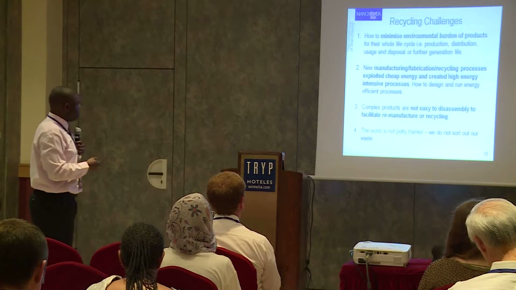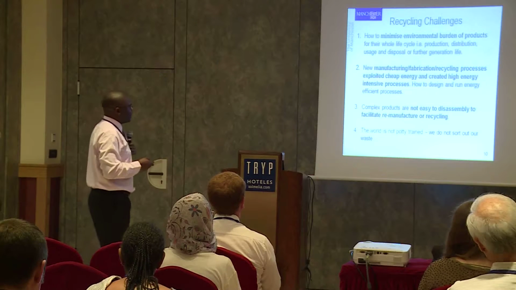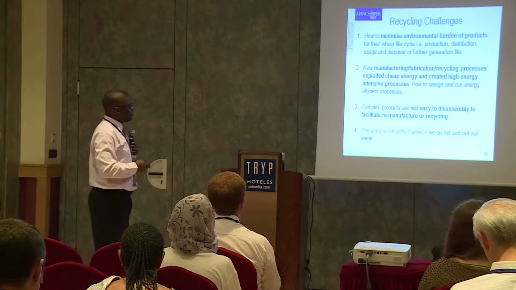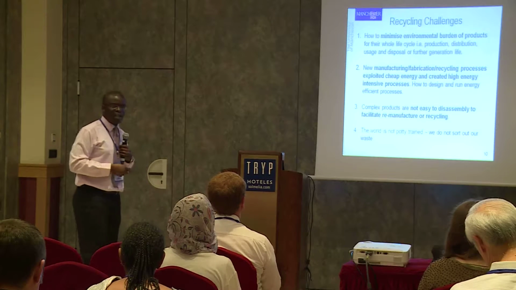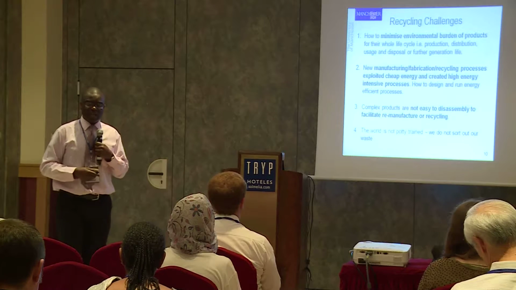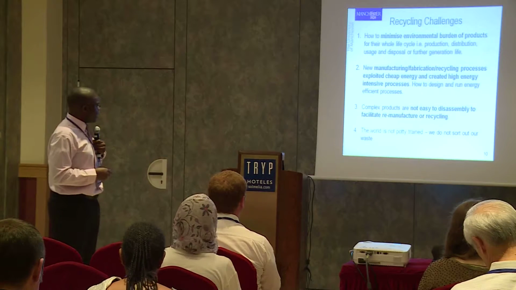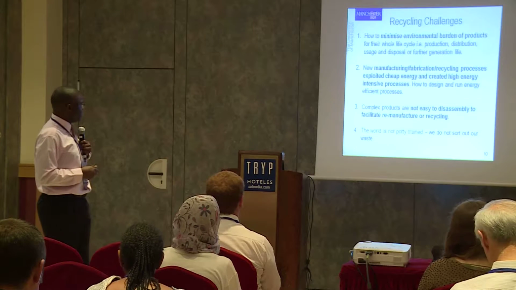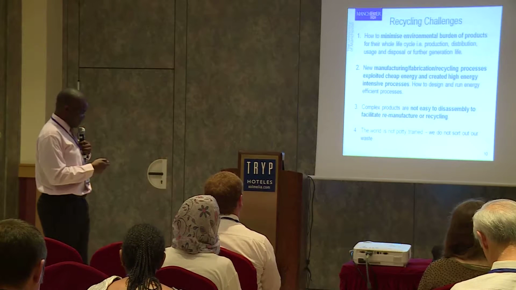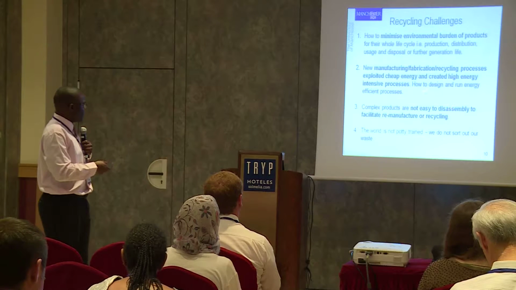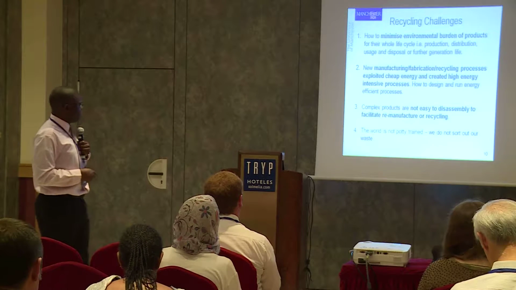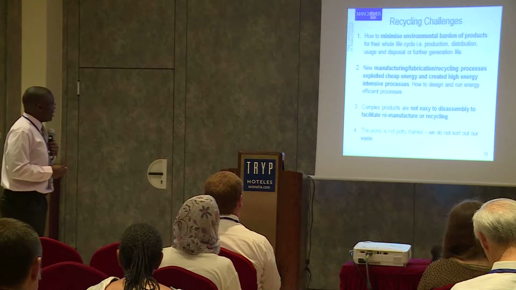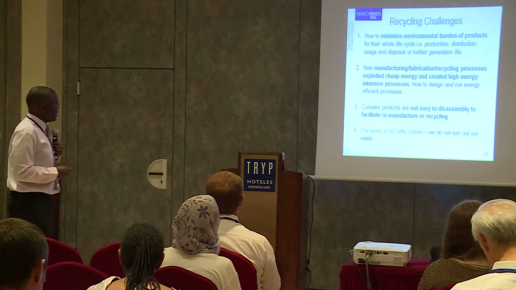We also make an observation here that most of the processes that we use to reclaim materials or to make products are actually energy intensive. How can we decide which is the best process in terms of energy efficiency? We also look at some of the challenges which hinder the use of recycling broadly.